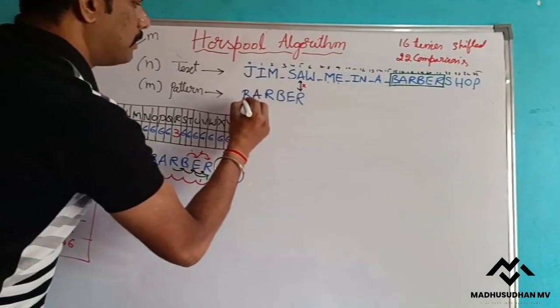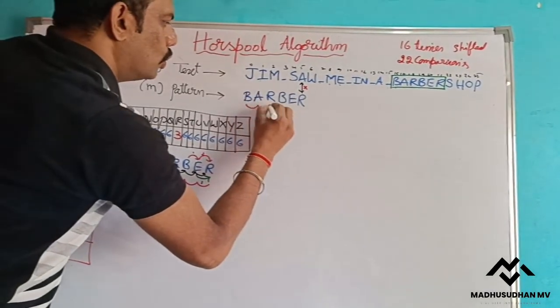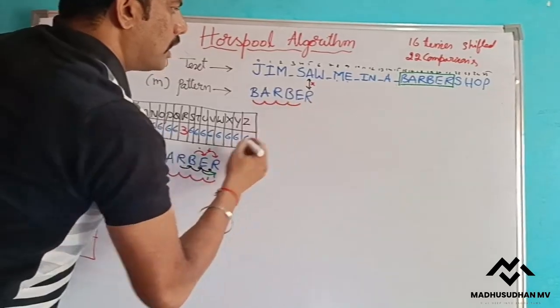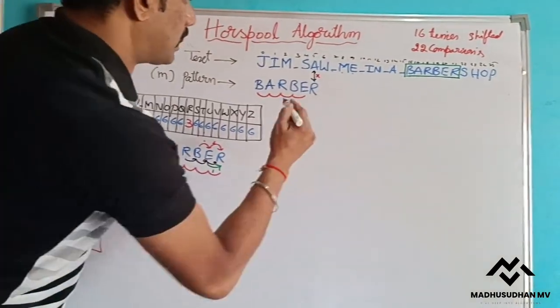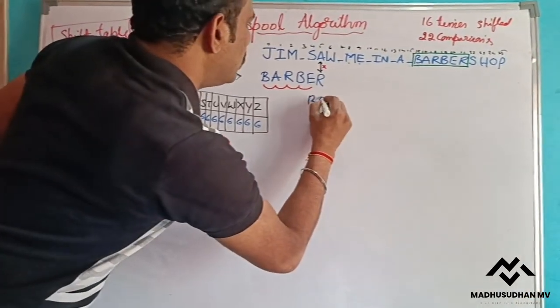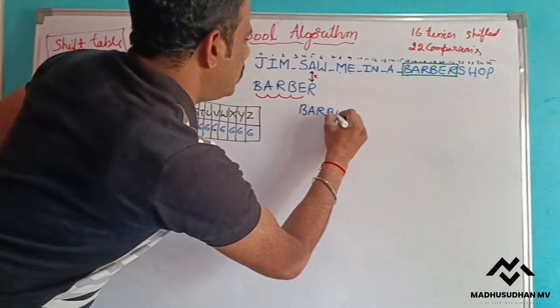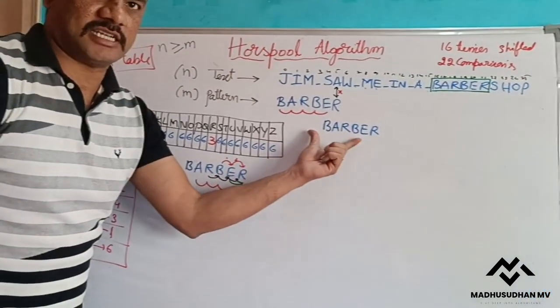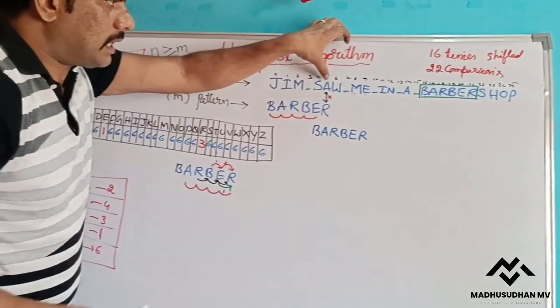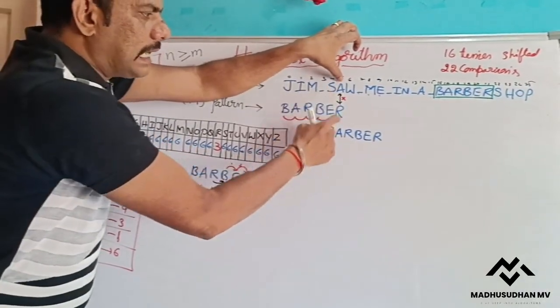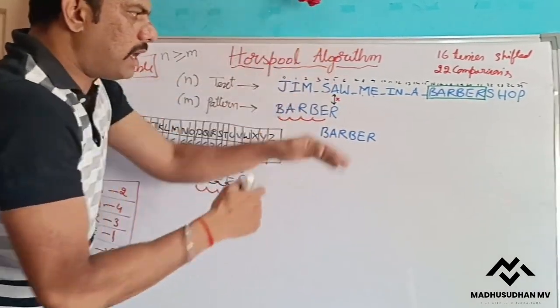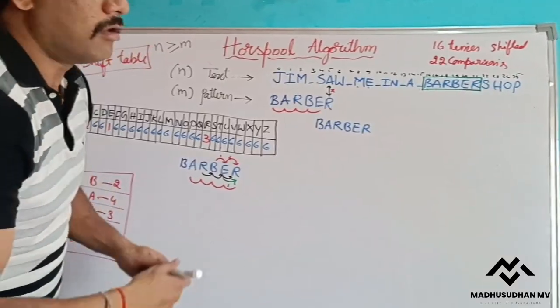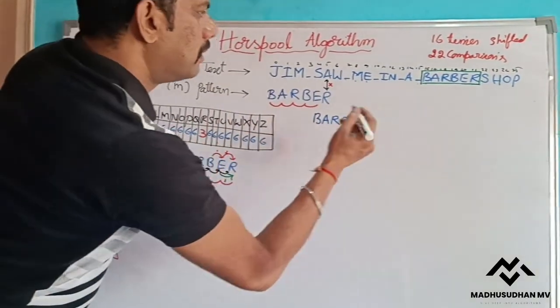Okay, now shift the pattern 1, 2, 3, 4. Now I bring my pattern here: B, A, R, B, E, R. See, exactly I brought the pattern in such a way that the mismatch character A is exactly below A. Now again you compare from the last character of the pattern.